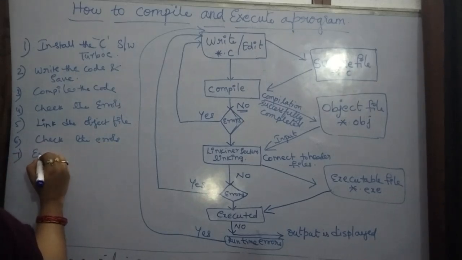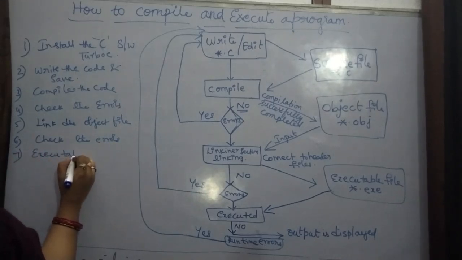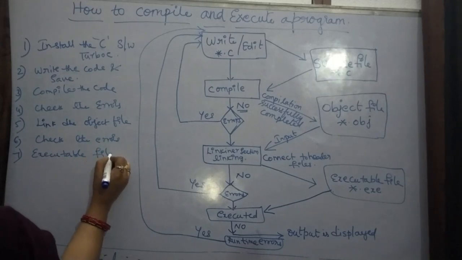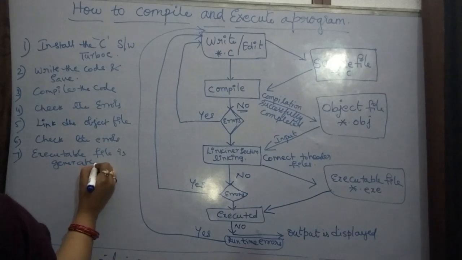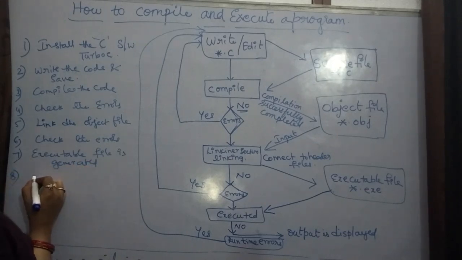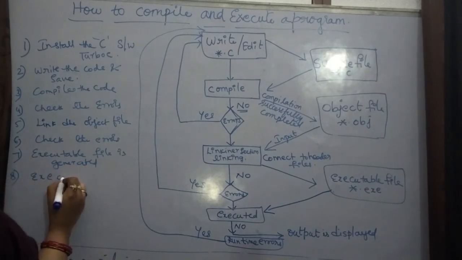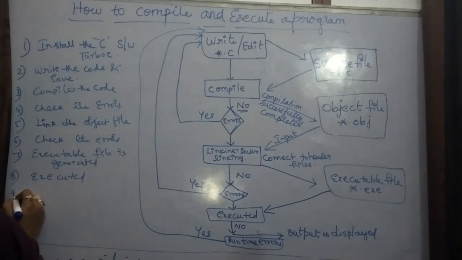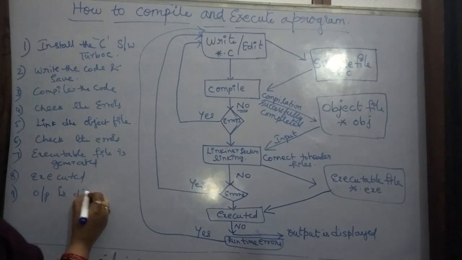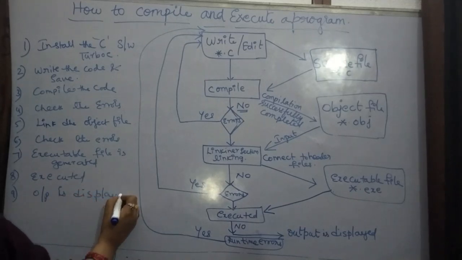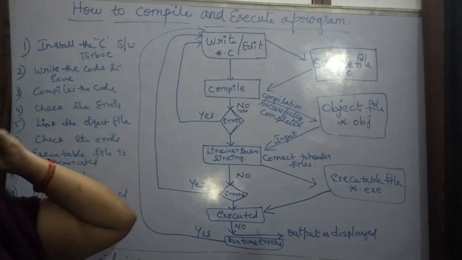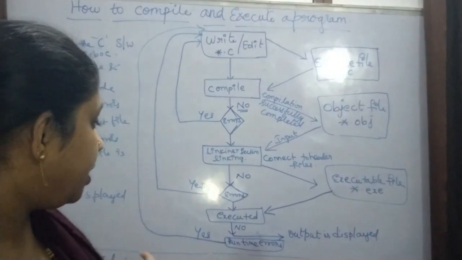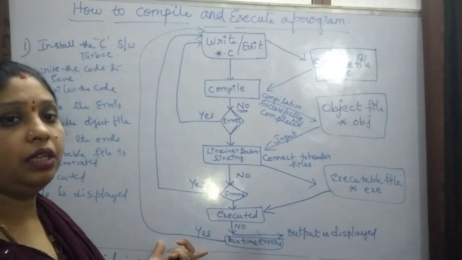Seventh, the executable file is generated. Eighth, the program is executed. Ninth, the output is displayed. These are the steps you have to go through for compilation and execution.